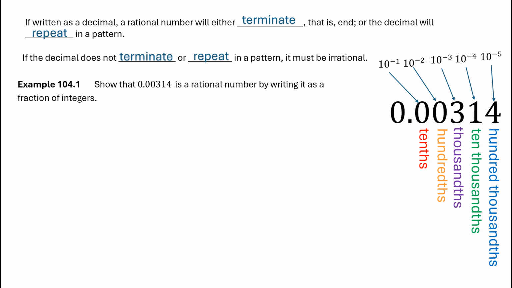So since this goes to the 100,000ths, I can write this as the fraction 314 over 100,000. So I did it. I showed that this is a rational number. It can be written as a fraction with an integer in the numerator and an integer in the denominator.